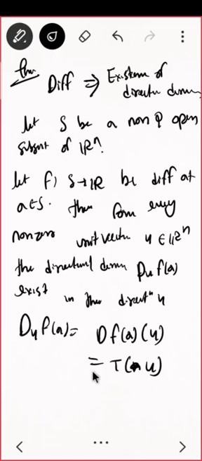What do you want to show? To show Du of f of a is the same as T of u. Correct? And what is the formula for Du of f of a? Do you remember the formula for the directional derivative?